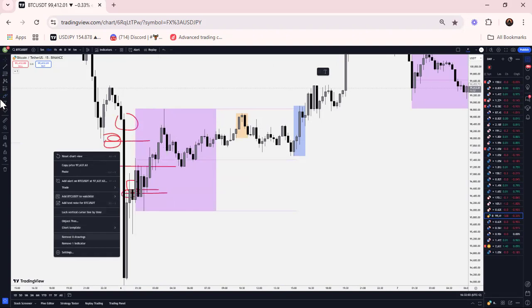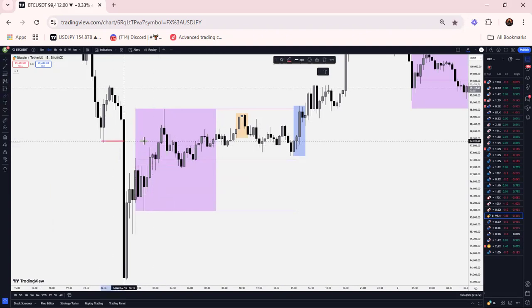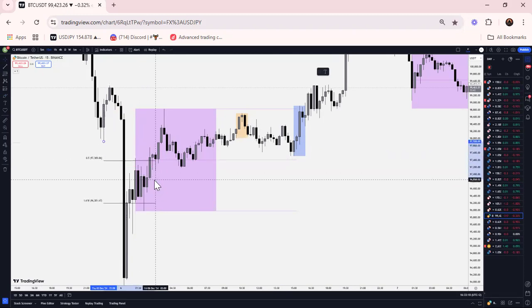So you have two levels of imbalance here. You have from that one to that one, and from that one here to that one here. Always choose the nearest, which is that one to that one, like that.